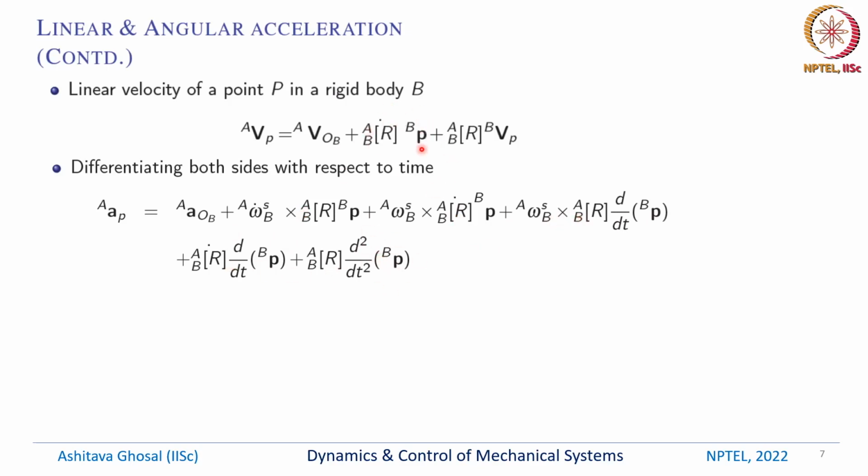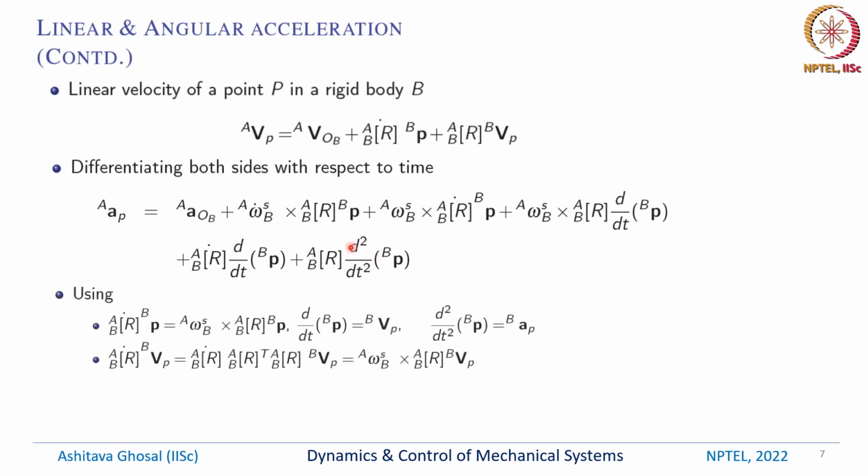This we can simplify using the relationships which I told you, that ABR dot BP is A omega into ABR into BP. We denote the derivative of BP as BVP, the second derivative as BAP, and this ABR dot BP is ABR dot into ABR transpose ABR into BVP.